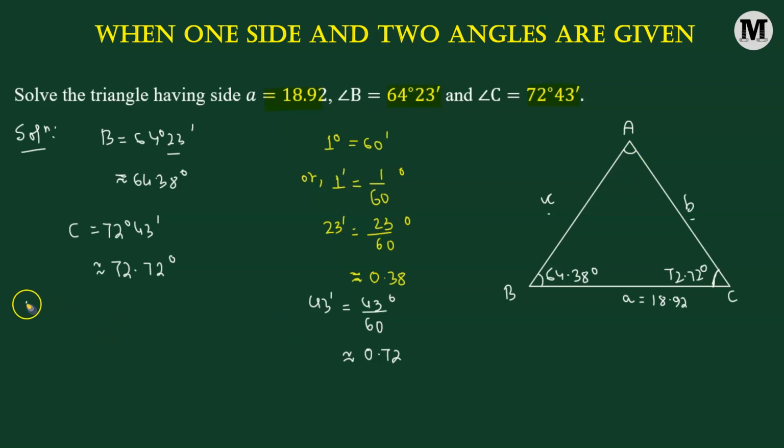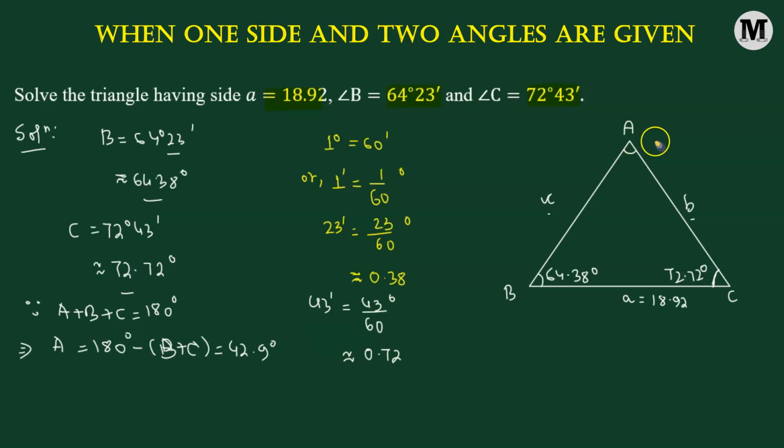So since A plus B plus C equals 180 degrees, A must be equal to 180 degrees minus B plus C. When you plug in the values of B and C, the angle measure of A comes out to be 42.9 degrees.